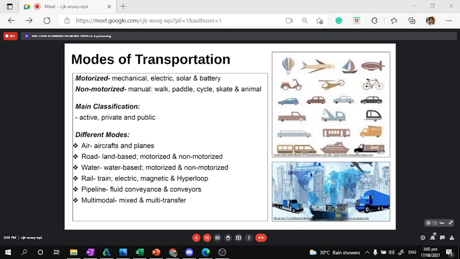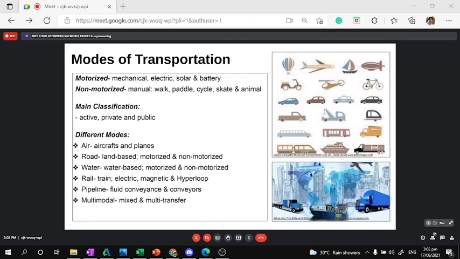So these fall under the modes of aircraft or airplane category. On road, it's land-based. So on land, basic is motorized and non-motorized application. On water, because it's water-based, it could be ship or boat or commercial and non-commercial. So again, it has an engine, so motorized or non-motorized, because some of which can be paddled and can use just an oar.